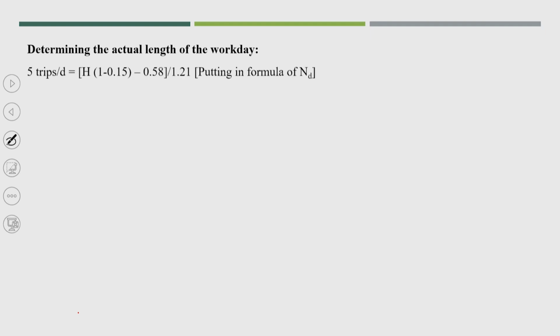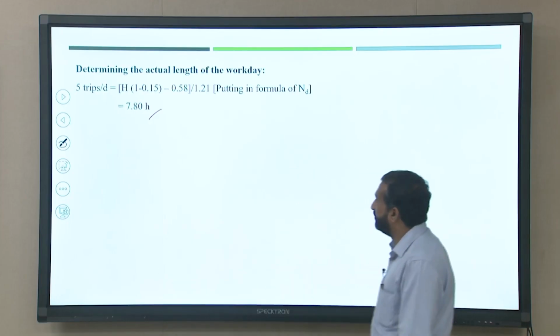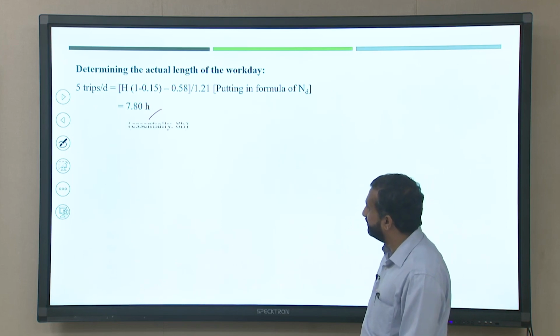If you put it in the same equation, the formula of ND, with the same 5 trips per day, we calculate the H value. Here H is coming to 7.8 hours, but the actual work time available is 8 hours. So, that 0.2 hour is available. So, essentially it will be the 8 hour.